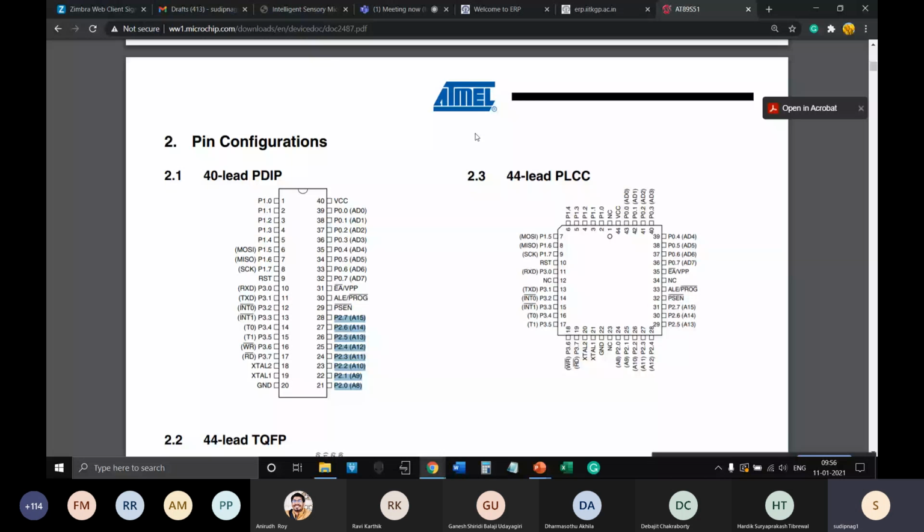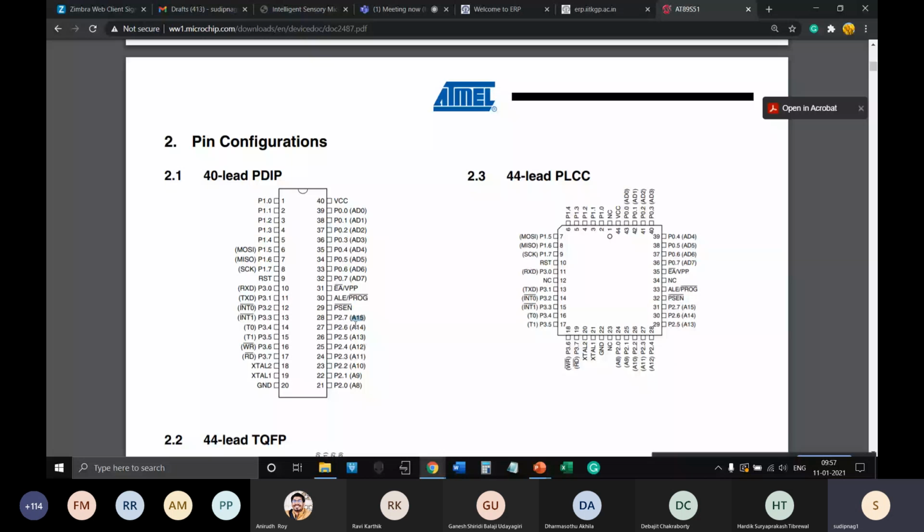We have seen that some pins are programmable and multifunctional. AD0 is the alternate function for P0.0, and AD1 is the alternate function for P0.1 and so on. Similarly, instead of P2.7, we can have the A15 function, and instead of P2.0, the A8 function.